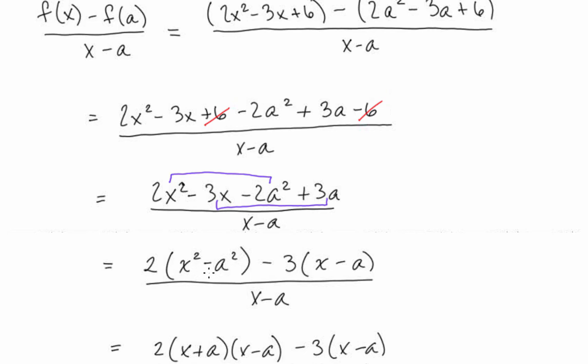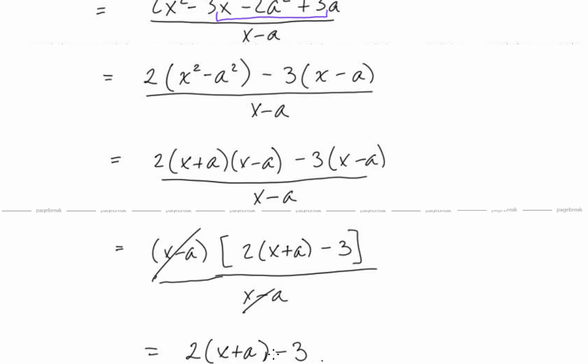Let's continue to factor here. We have the difference of two squares. So this x squared minus a squared becomes x plus a, x minus a. And now we can factor even further with our x minus a and x minus a. So we factor out the x minus a, we're left with 2 times quantity x plus a minus 3.